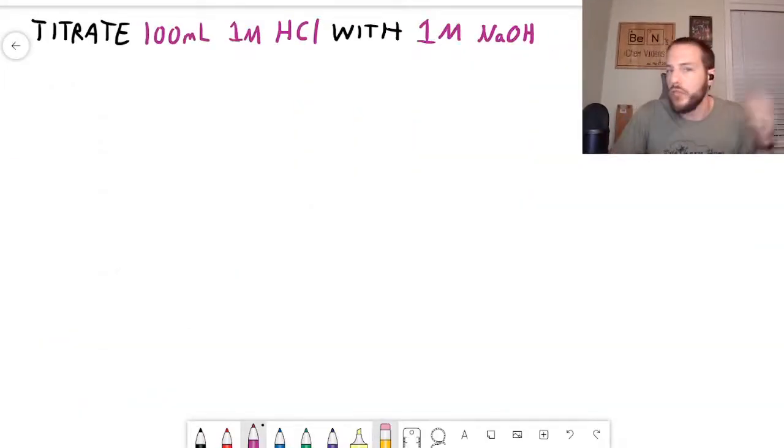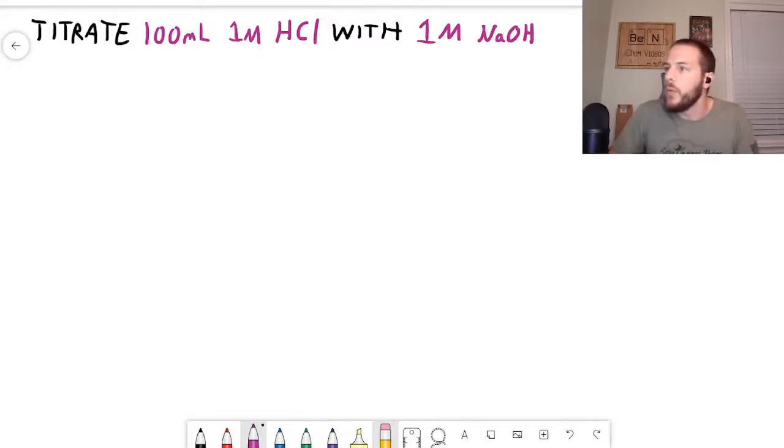Now, I've chosen a strong acid with a strong base because the calculations associated with such a titration are much, much easier than if you have either a weak acid or a weak base reacting with a strong base or a strong acid. So we're doing a strong acid-strong base titration, again, because the calculations are easier than if you had a weak acid or a weak base. And then maybe in the next stream or something like that, we'll do a weak acid, strong base titration.